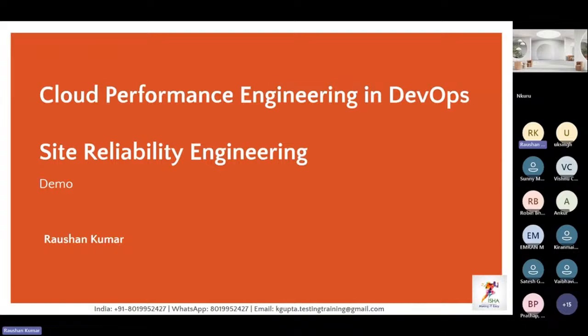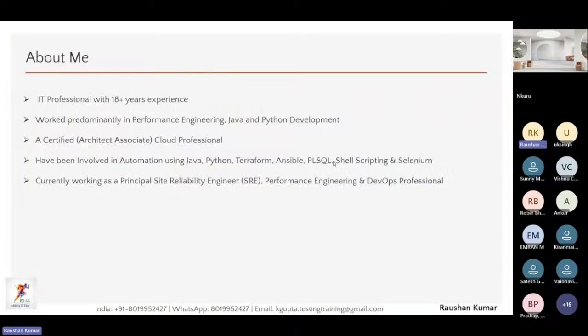Okay, so before I get started, friends, let me introduce myself. I believe you might have attended few workshop sessions with me earlier, but anyway, so my name is Roshan Kumar. I have 18 years experience, more than 18 now. I started my career as a Java developer, and then I have been into various other roles. I have been into DevOps consultant.